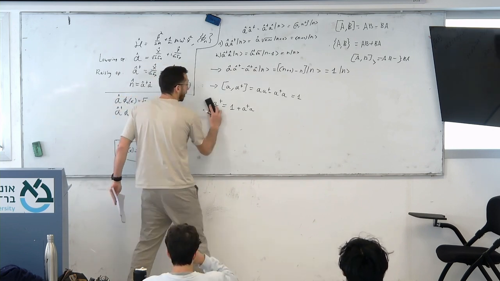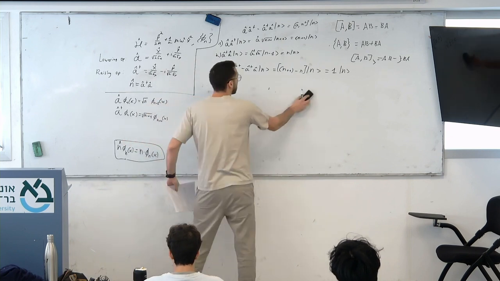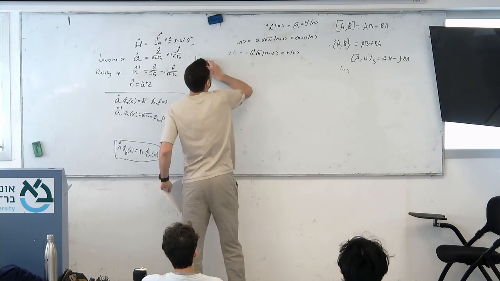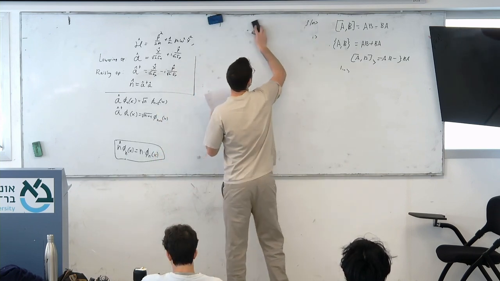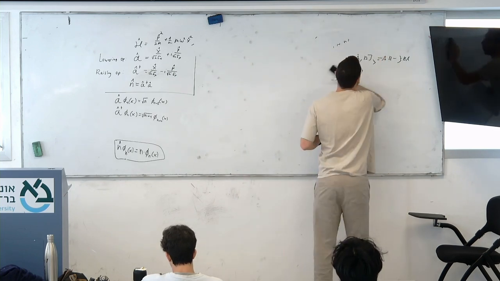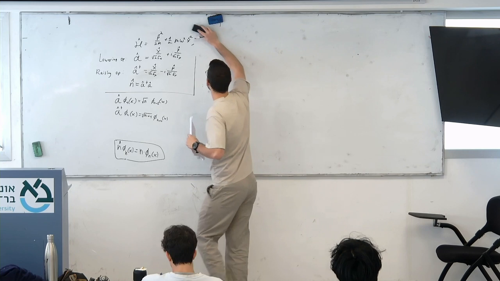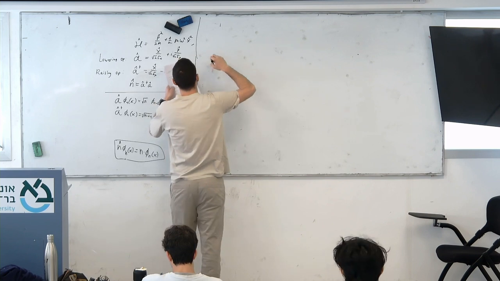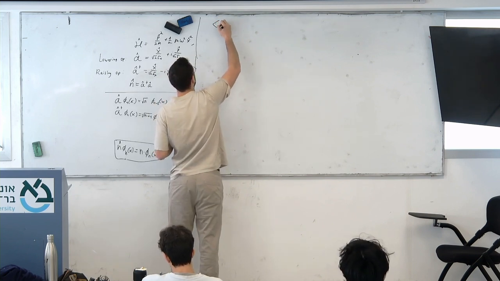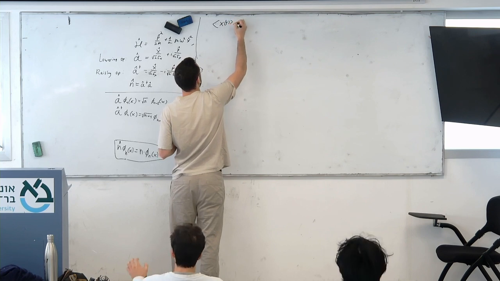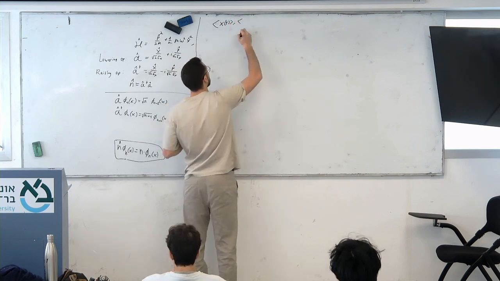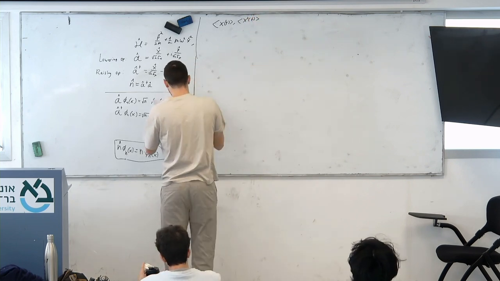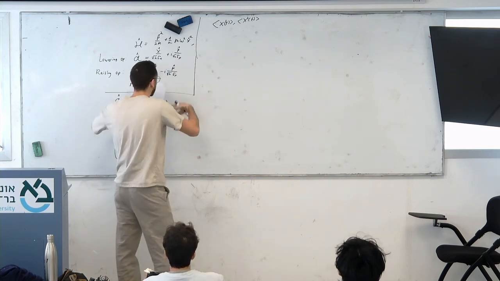Okay, let's do a long and important example. We want to find the average value of x of t and the second moment for the harmonic oscillator case.